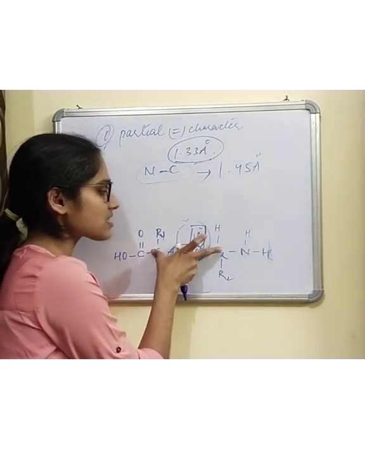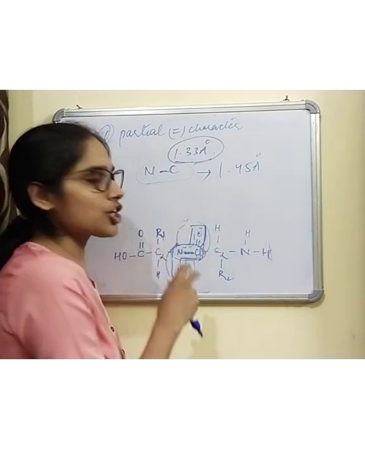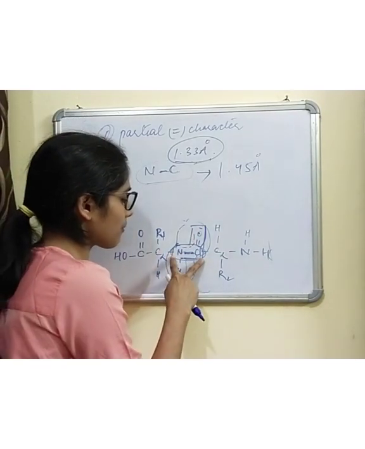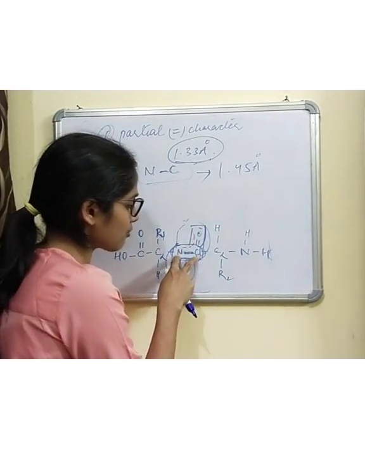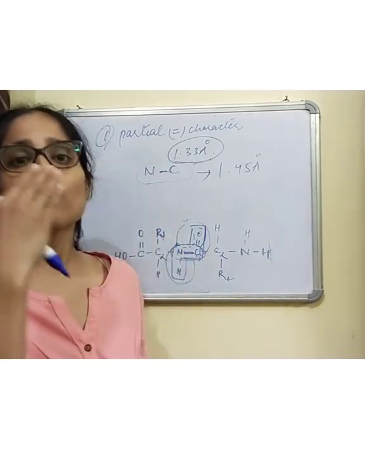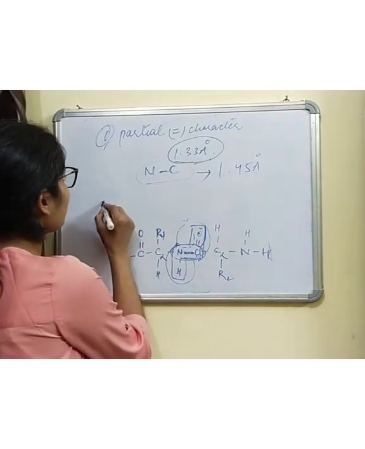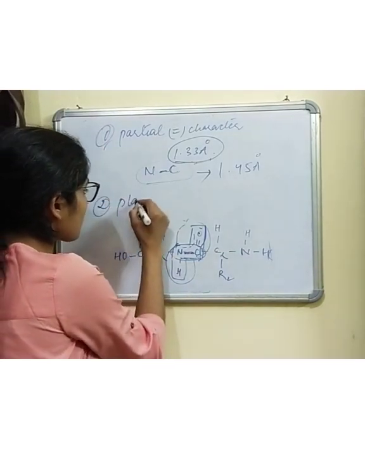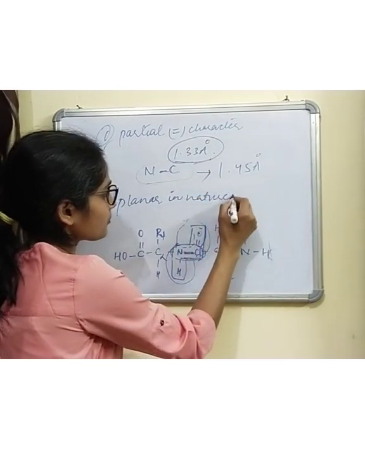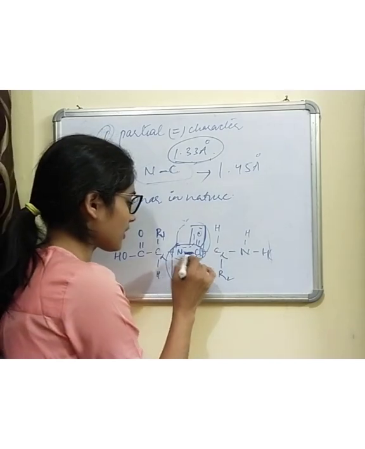So these are the 6 major atoms forming the peptide bond, and this partial double bond character between nitrogen and carbon keeps all the 6 atoms in one plane. Alright, so it is planar. So the peptide bond is planar in nature, because of this partial double bond character.